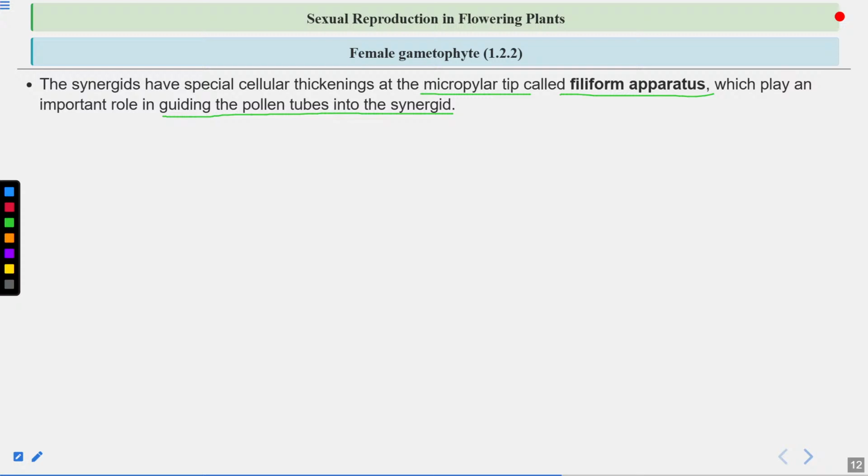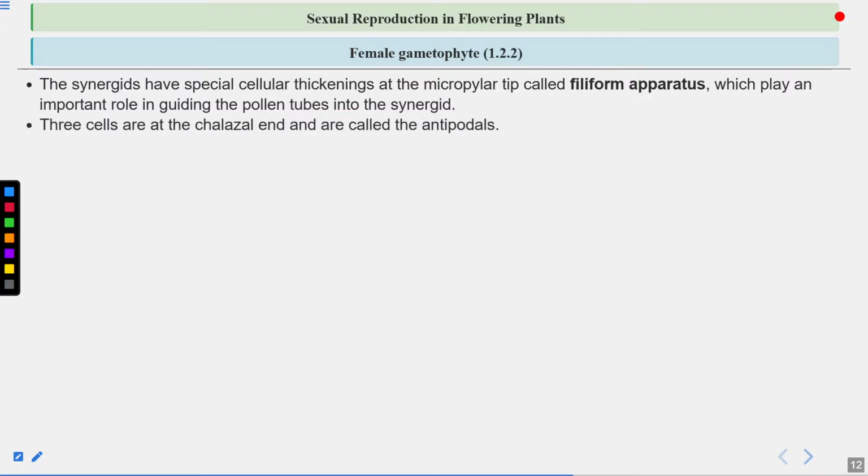So, if the filiform apparatus function is asked, you will write that it helps in guiding the pollen tube. If it is asked what is the role of the synergid, since the filiform apparatus is a part of the synergid, the function will be the same for the synergid. And it receives all the contents of the pollen tube also.